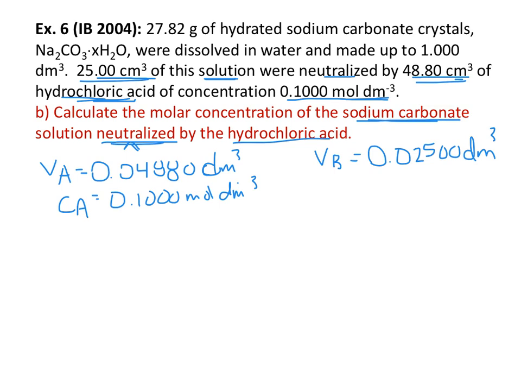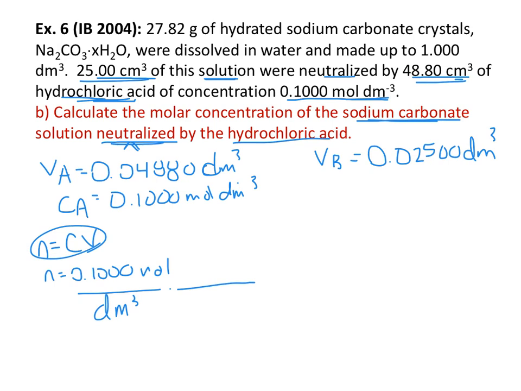I'm going to start over here with the acid, where I can find the number of moles by multiplying the concentration times the volume. So the concentration is 0.1000 mole per decimeter cubed, and I'm going to multiply that by the decimeters cubed. If you don't necessarily have this molarity formula to the point that you can manipulate it off the top of your head like this, use your units.